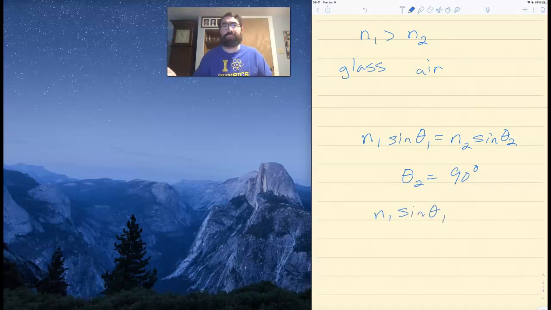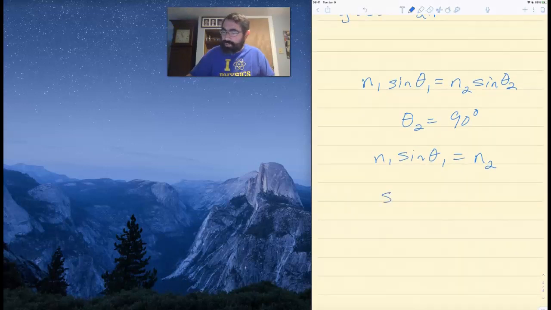the index of refraction in the material, glass, times the sine of the angle at which it's hitting the surface, is just now equal to the index of refraction of that other material. In this case, I called it air. So in that case, I can now solve for the sine of this angle, which is now the ratio of the index of refraction in one material divided by the index of refraction of the other material.